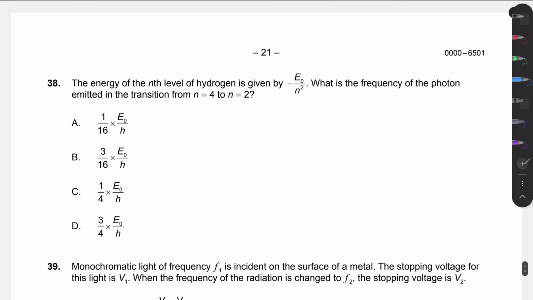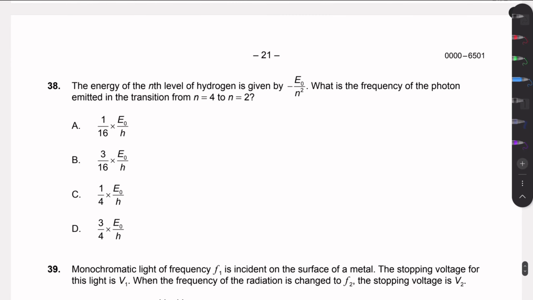And then 38, we're given that the energy of the nth level of hydrogen is given by minus E0 over n squared. What is the frequency of the photon emitted in the transition from n equals 4 to n equals 2? Well, again, we know that the energy is just h times f, and this is the final energy minus the initial energy.